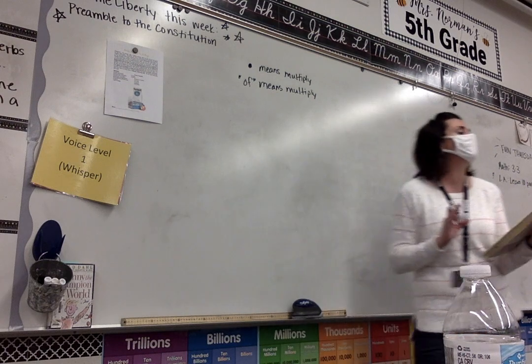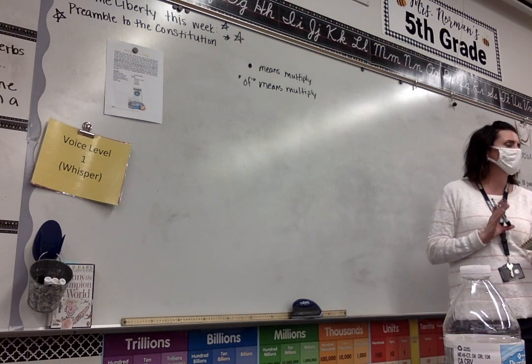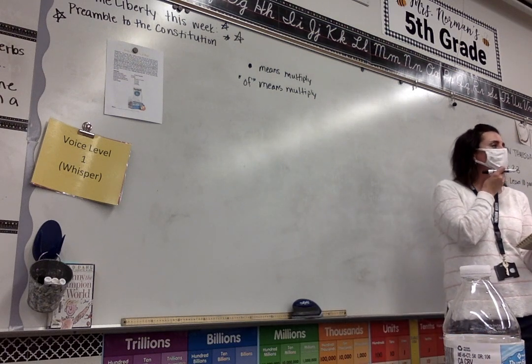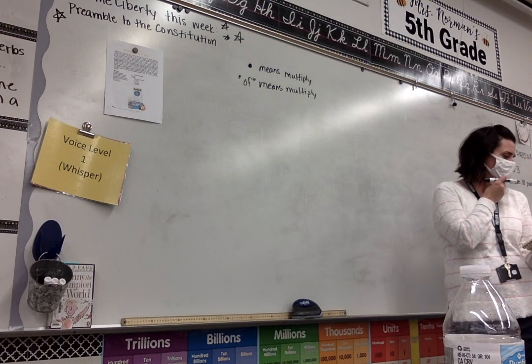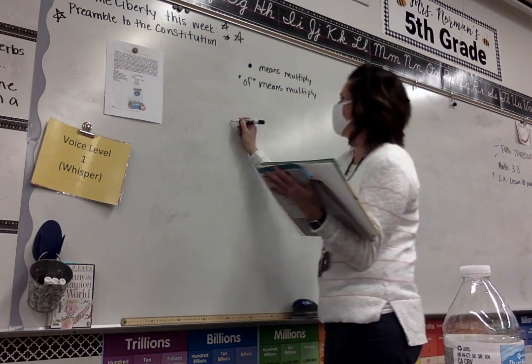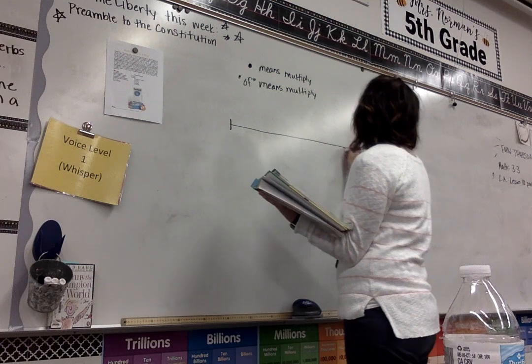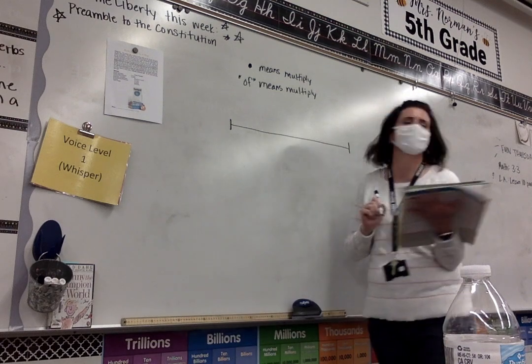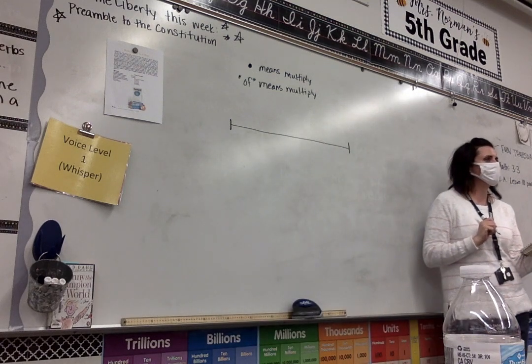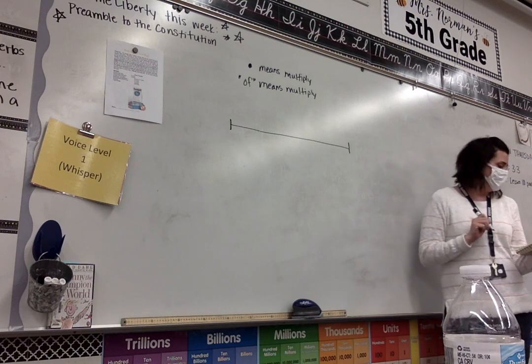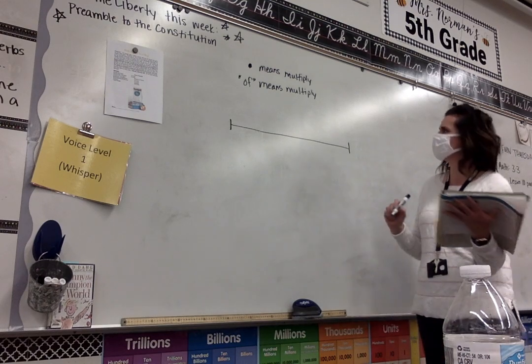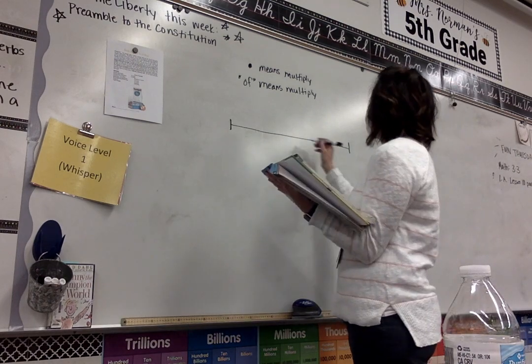Okay, here's my next example. You ready? Now say that I have a board that is 4/5 of a yard long. That is about 4/5 of a yard. In fact, let's see. So there's my 4.